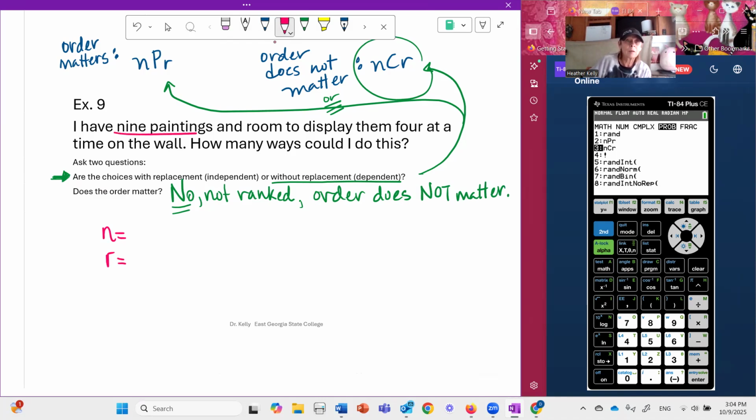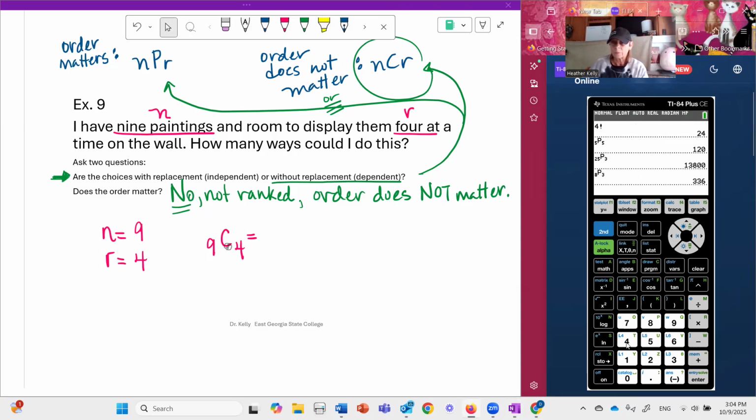We have 9 paintings. That is our N. And we want to display 4 at a time. 9 and 4. And then we're going to use this. We're going to say 9C4. And let's get our answer here. Let me quit out of here. So we've got 9, math, over to probability, down to NCR this time.